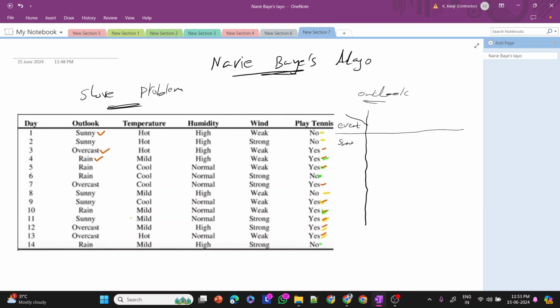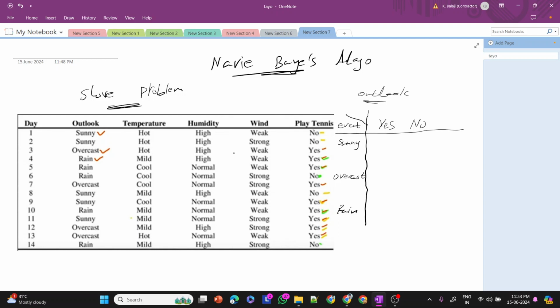We are going to compute the probability for each event and their outcomes: sunny, overcast and rain. Here we will put whether the person is going to play or not.